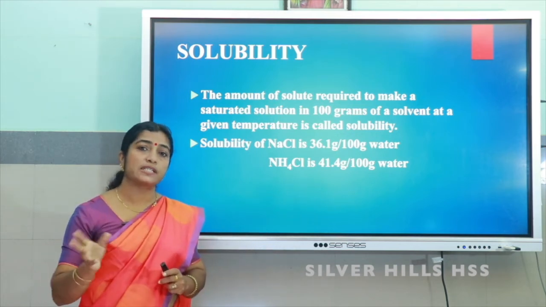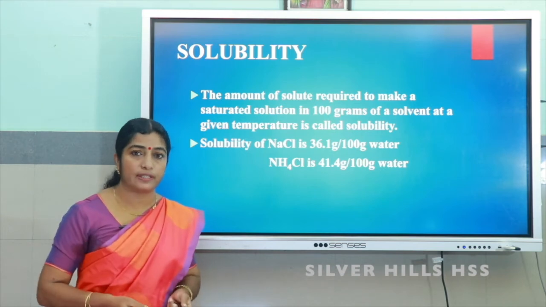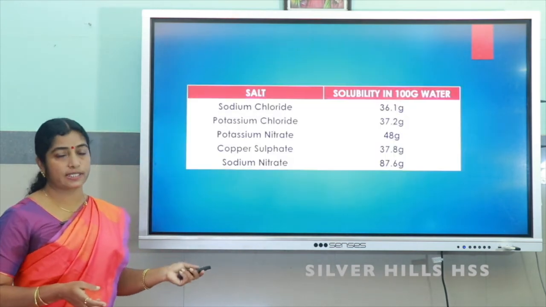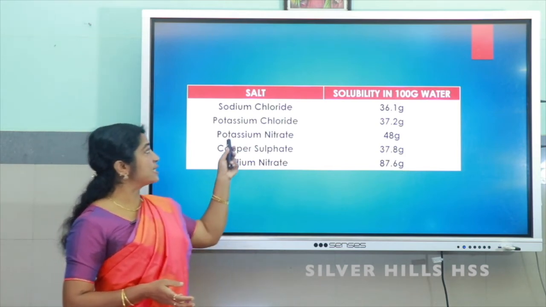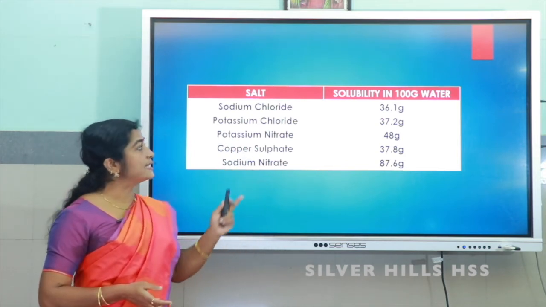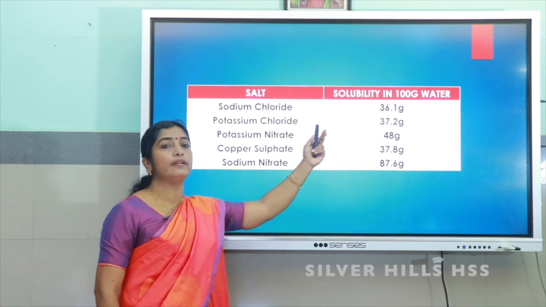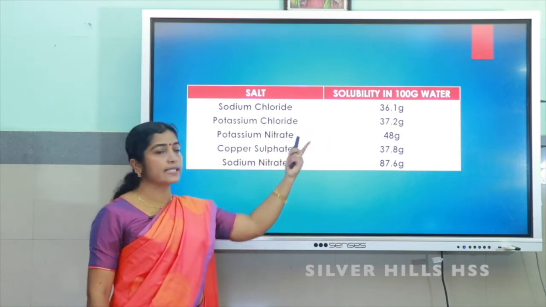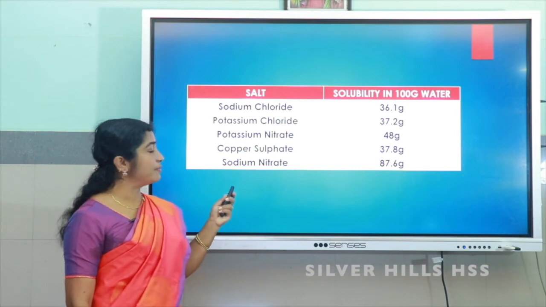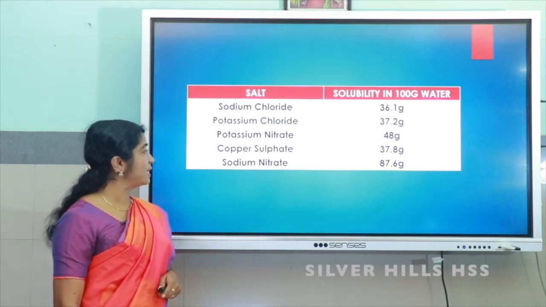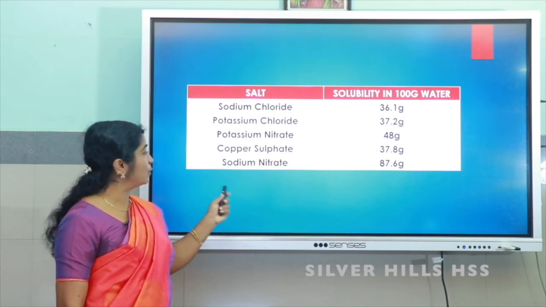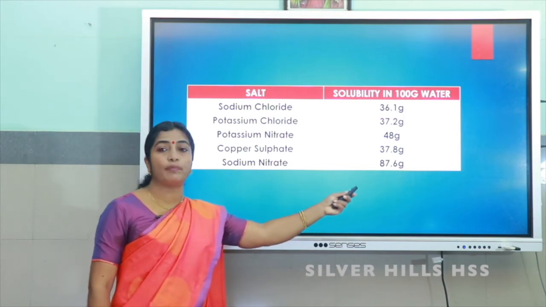So for different salts, their solubilities are different. So let us analyze the solubility of some salts. That is, the salts are sodium chloride, its solubility is 36.1 gram, and potassium chloride 37.2 grams, potassium nitrate 48 grams, copper sulfate 37.8 grams, sodium nitrate 87.6 grams.